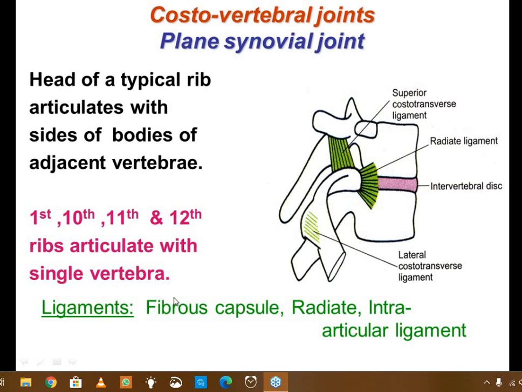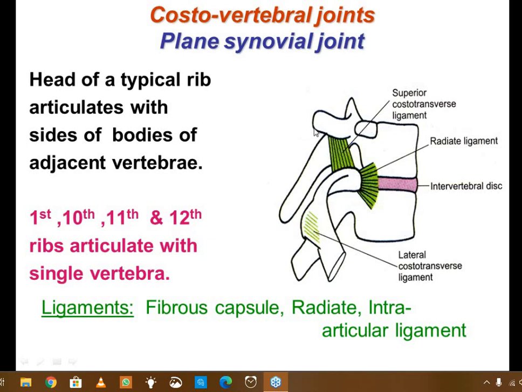The ligaments for these costovertebral joints are the fibrous capsules, which are plain synovial joints. The radiate ligament comes from the head of the rib and radiates to the vertebra above and the vertebra below. Then there are interarticular ligaments also.